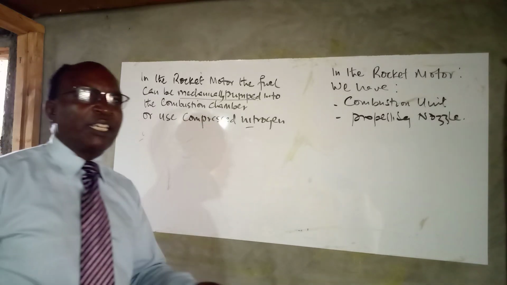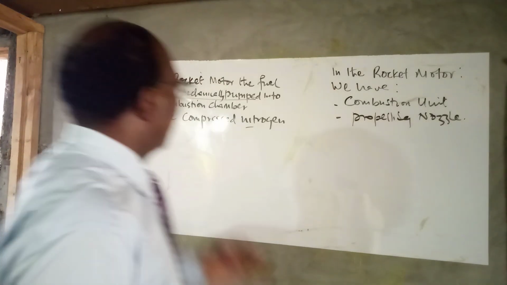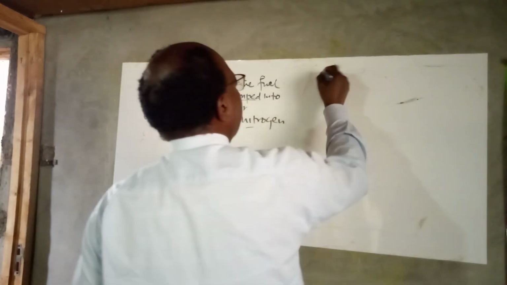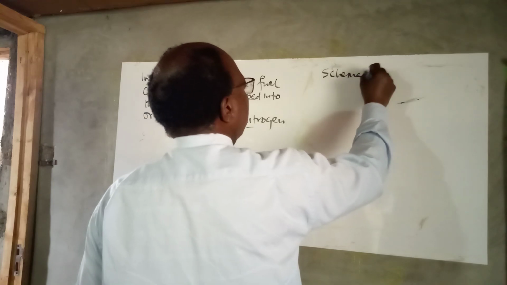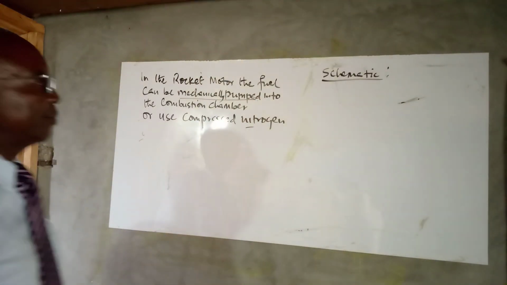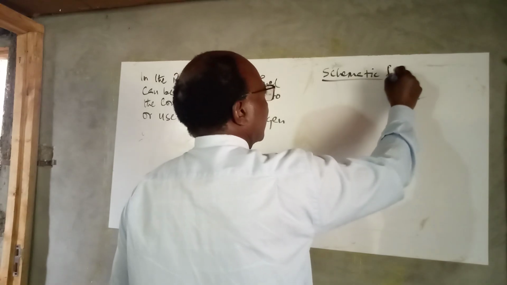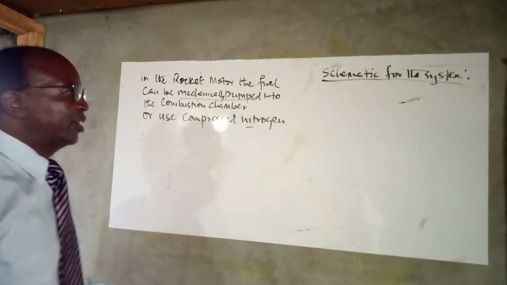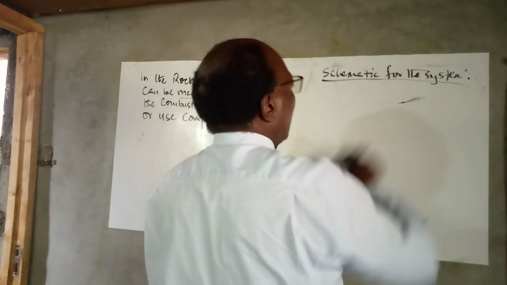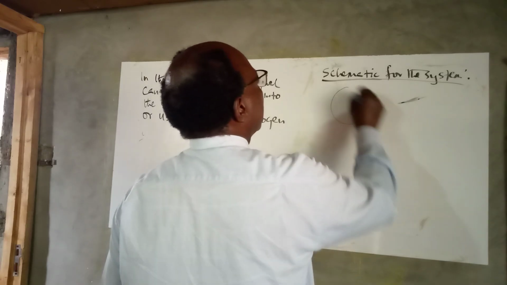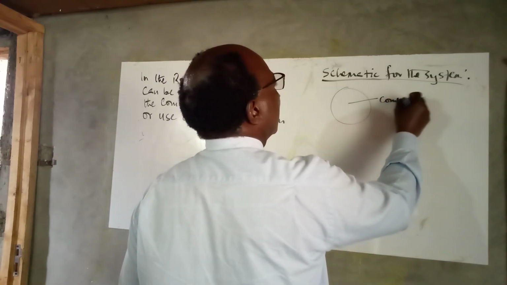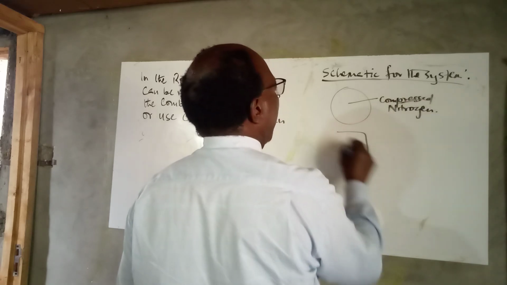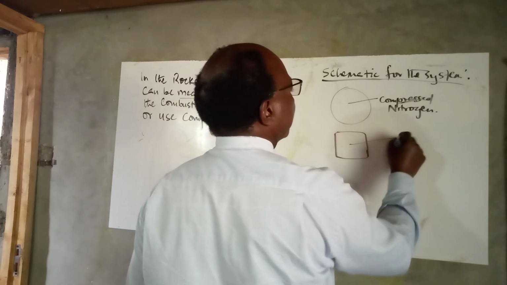And therefore the schematic which will illustrate this particular system will simply be characterized. In the case where you're using compressed nitrogen, we'll have our compressed nitrogen. Then of course we'll have our liquid fuel, that is kerosene.